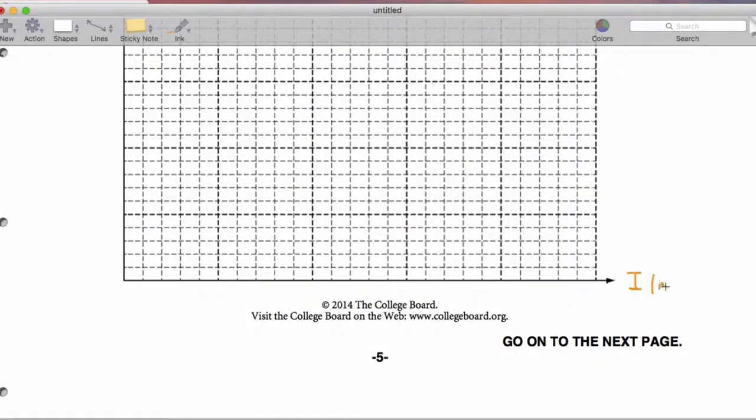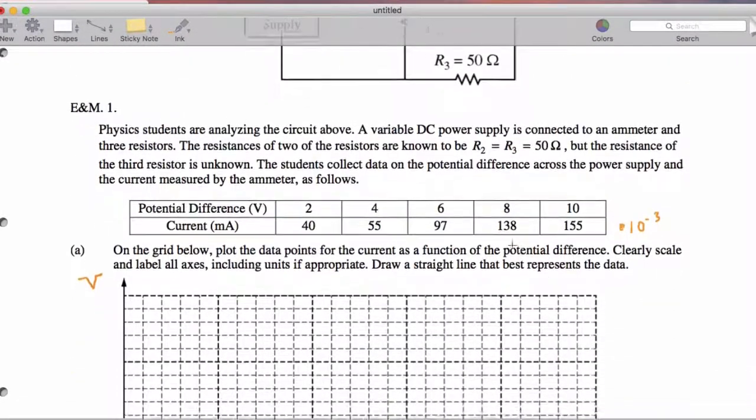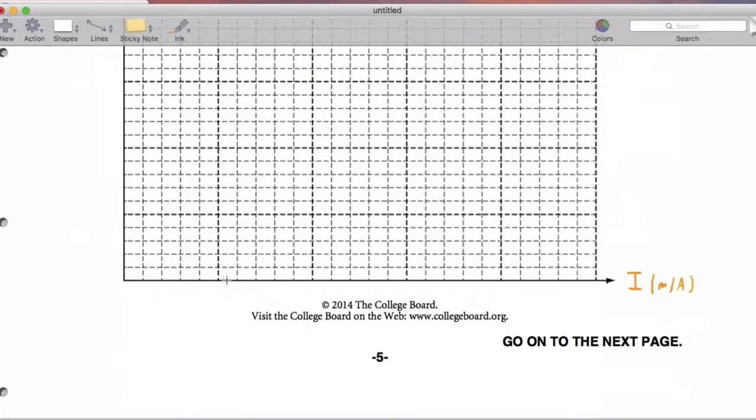So I is going to be in milliamps. And it seems that we're going from 0 to 155. So let's just see. Let's see, 50, 100, 150, 200. I'm going to make my life easy. Well, I suppose I could go 40, 80, 120, 160, and 200.